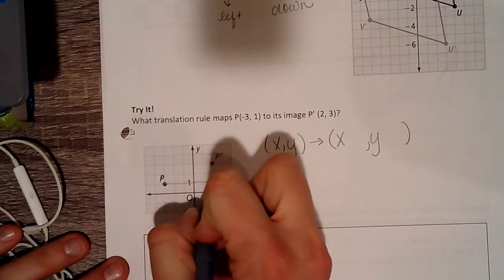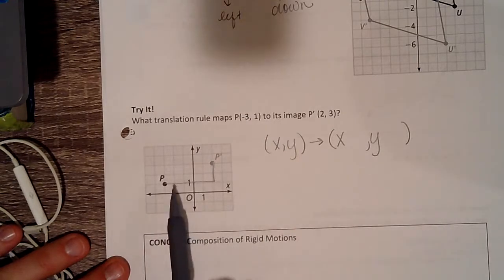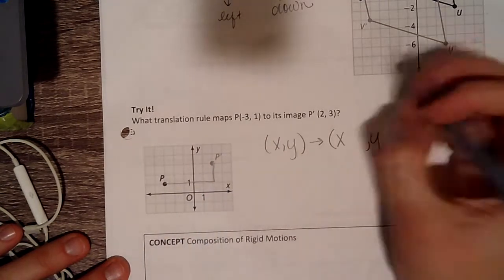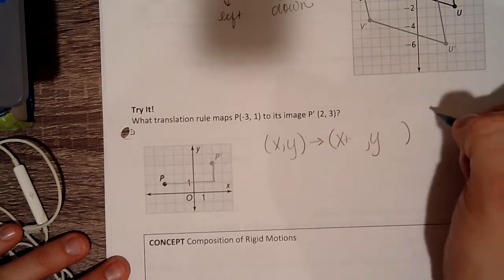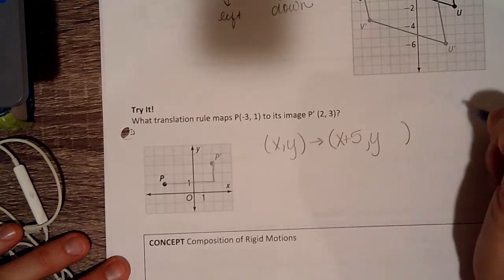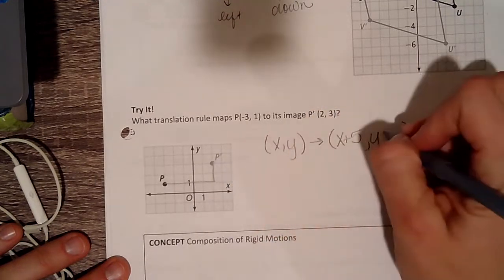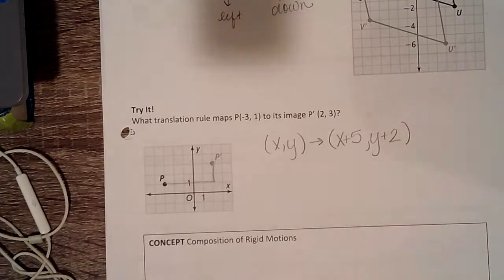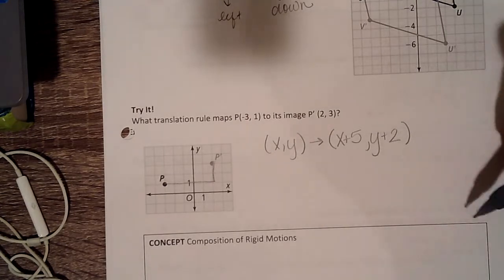So the path goes from here and up. So I need to count how many I go to the right. 1, 2, 3, 4, 5. Since it's to the right, it's positive 5. Now I need to go up 2. So I'm going to add 2. All right. So that's writing the rule.